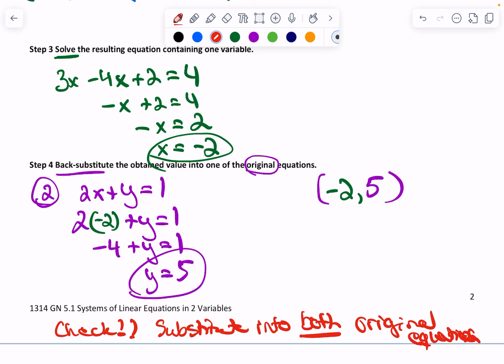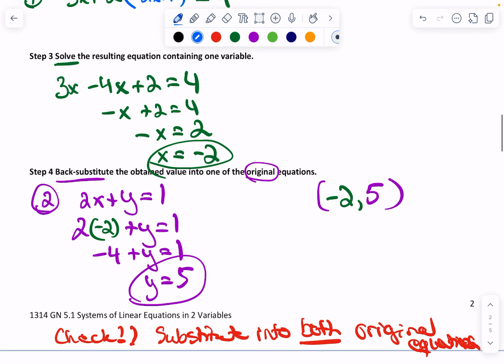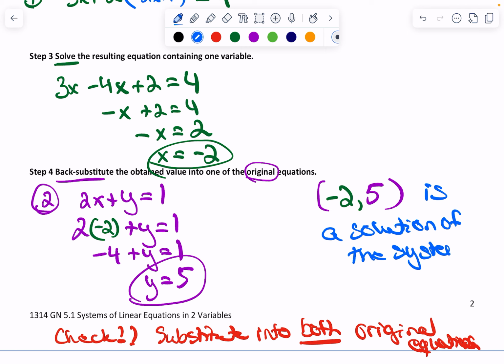But we know that negative 2, 5 is a solution of the system. Again, the checking is very important. Don't skip it.